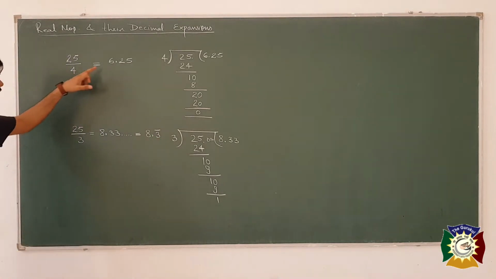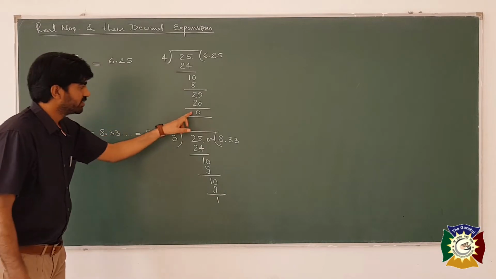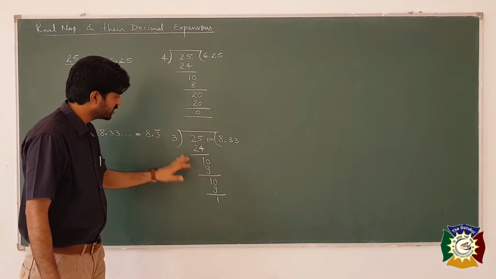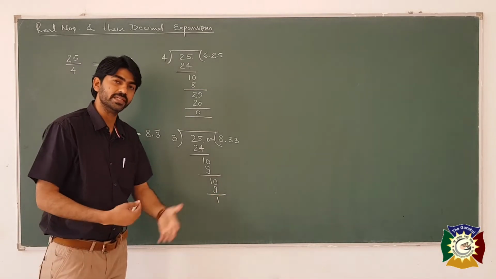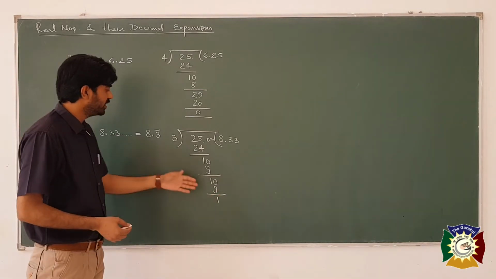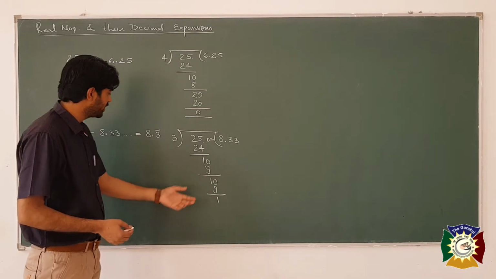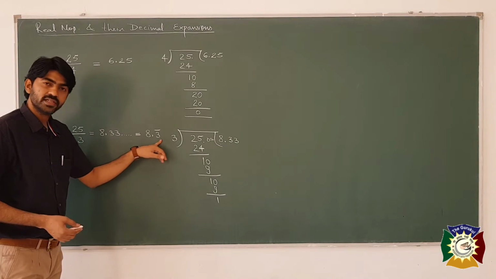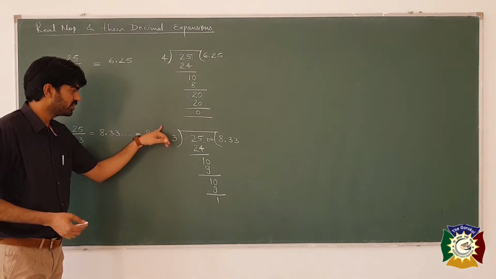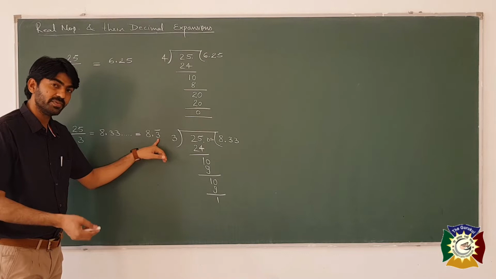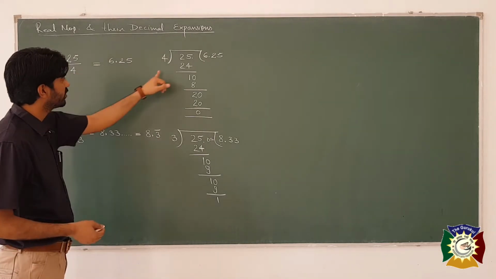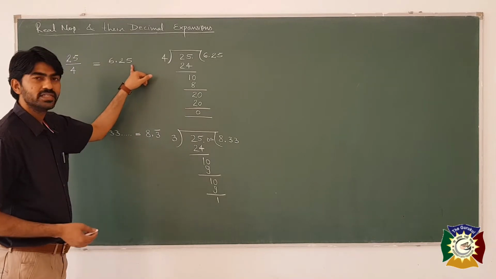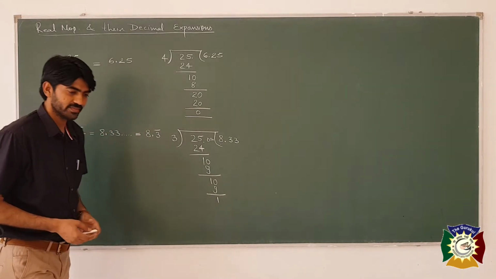So we have this type of decimal expansion where the remainder becomes 0, and this type where the remainder keeps on repeating. If the remainder doesn't become 0 but keeps on repeating, we put bar on the number. It means this number is being repeated again and again. And in this type of decimal where the remainder becomes 0, the decimal expansion is terminated somewhere.